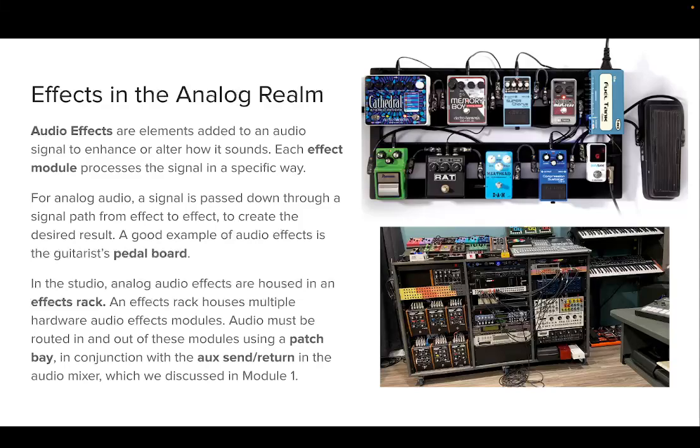Regardless, in the analog realm, we still use effect modules, but they are used in an electrical capacity. Signal is routed to each one individually. It is important to note that the order in which we use effects modules does matter.